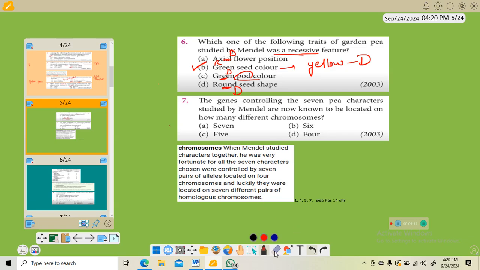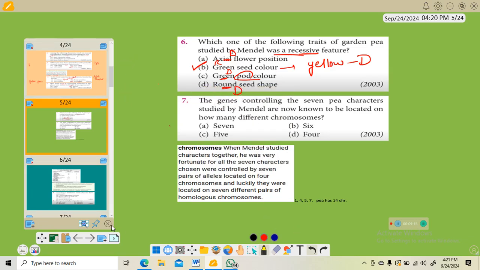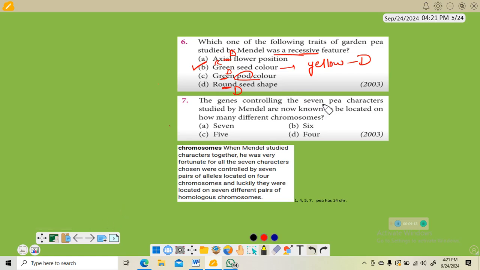Next is, the genes controlling the 7 characters studied by Mendel are now known to be located on how many different chromosomes? Basically, pea has 14 chromosomes, and it was believed that they are located on 1, 4, 5 and 7.